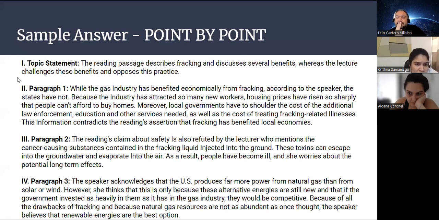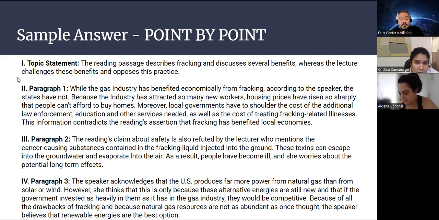Paragraph 1. While the gas industry has benefited economically from fracking, according to the speaker, the state has not, because the industry has attracted so many new workers. Housing prices have risen so sharply that people can't afford to buy homes.